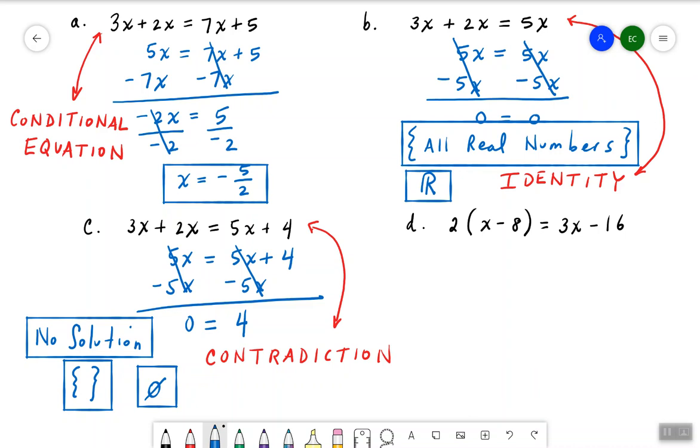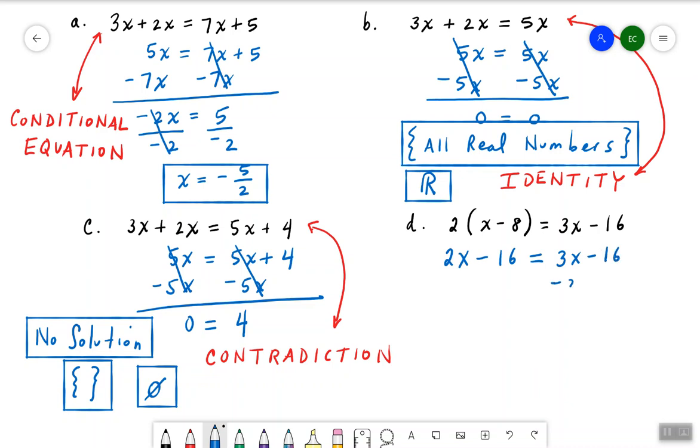Okay, one more, just to keep you on your toes here. In example D, it looks a little bit different. Let's see what happens. Let's do 2x minus 16 on the left side, and then on the right side we have 3x minus 16.